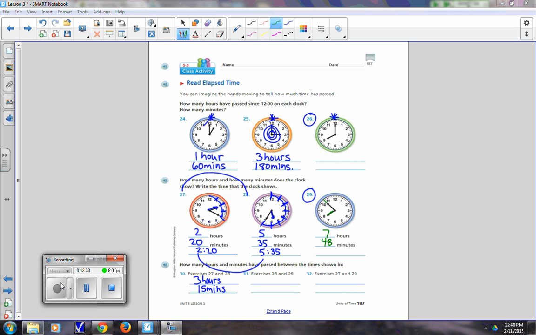I didn't count right. Did you catch that? This is 45. This is 50. 51, 52, 53 minutes, because it's on the third line past the 10. 5, 10, 15, 20, 25, 30, 35, 40, 45, 50, 51, 52, 53.